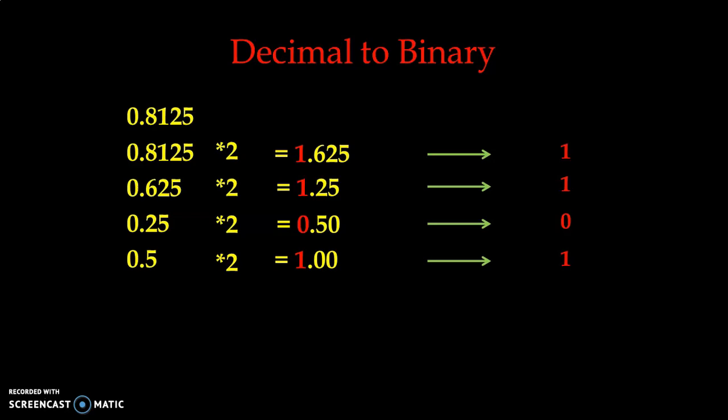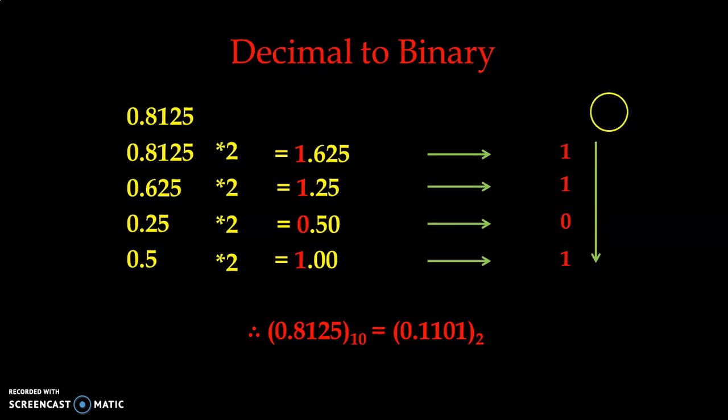So now we can take the answer. Now we have taken the integer values apart, that is 1101. So we have to write them in the same way, 1101, starting from top to bottom. So 0.8125, that was the decimal number, has an equivalent binary number, that is 0.1101.